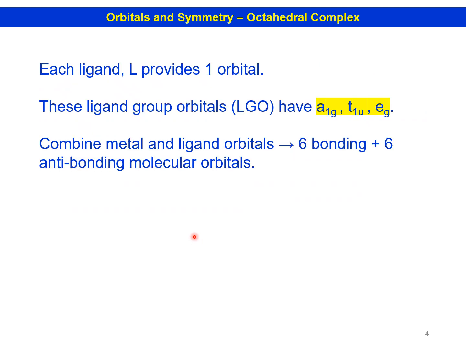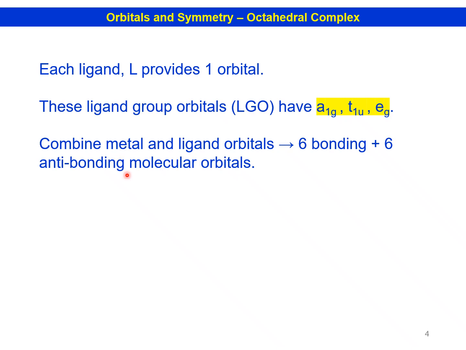And in an octahedral complex, there will be 6 ligands, and every ligand will be providing one orbital. So the energy splitting will show 3 different symmetries corresponding to 3 different orbitals, the A1g, T1u, and Eg.